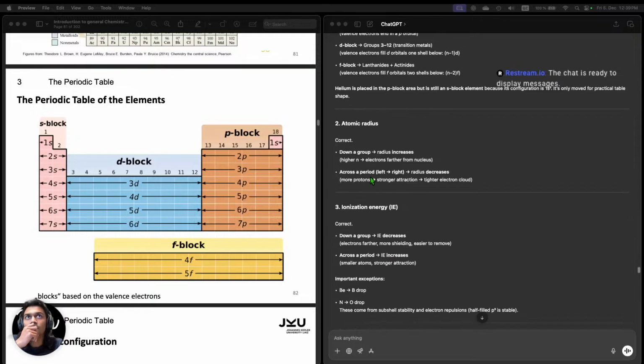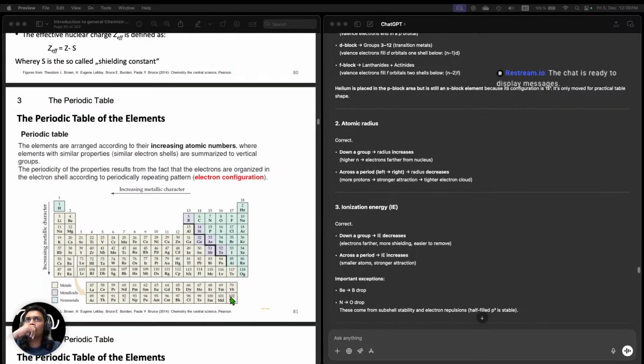Wait. Left to right, atomic radius decreases. Wait, how? It's increasing, right? So more electrons.